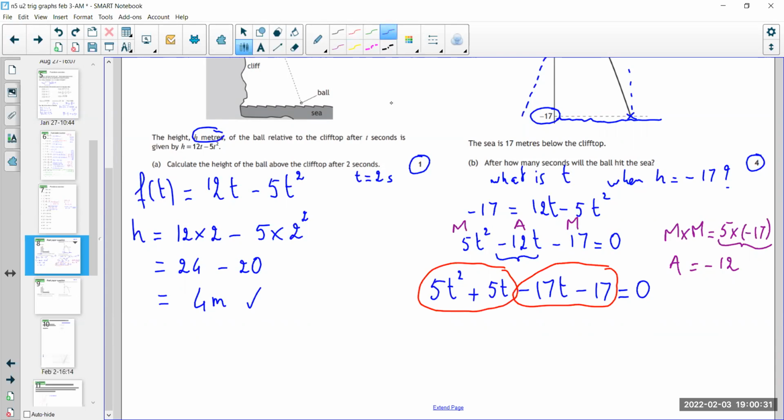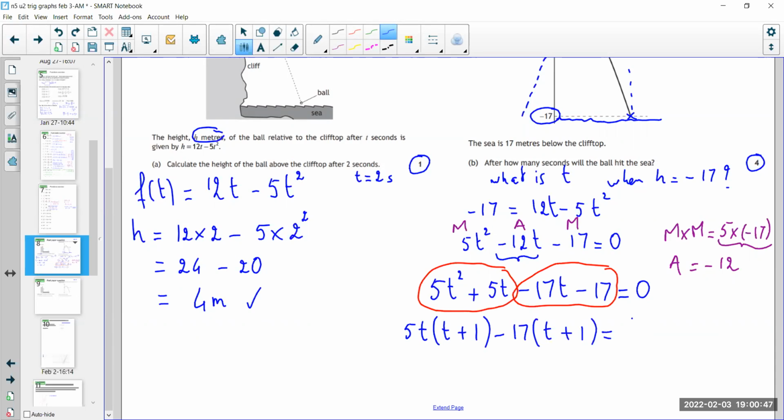Those common factors are 5t times t plus 1, and the second one, minus 17 times t plus 1.